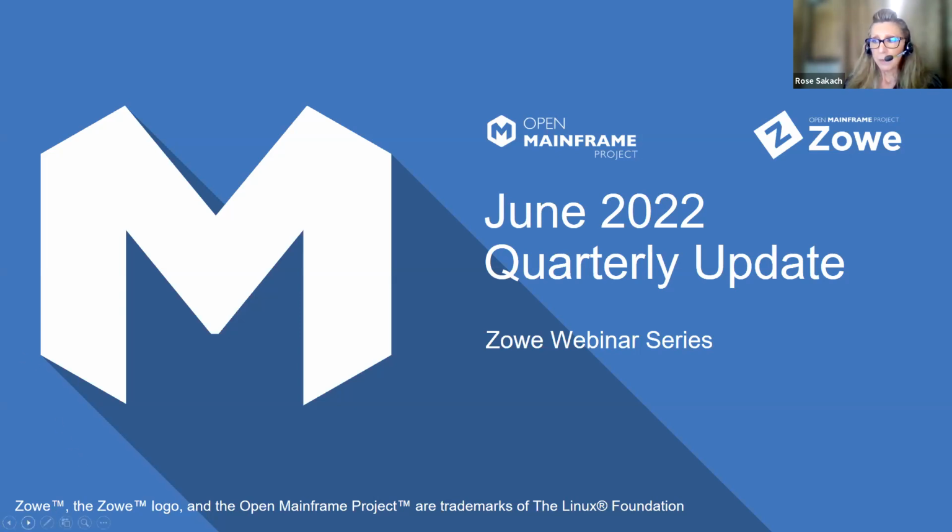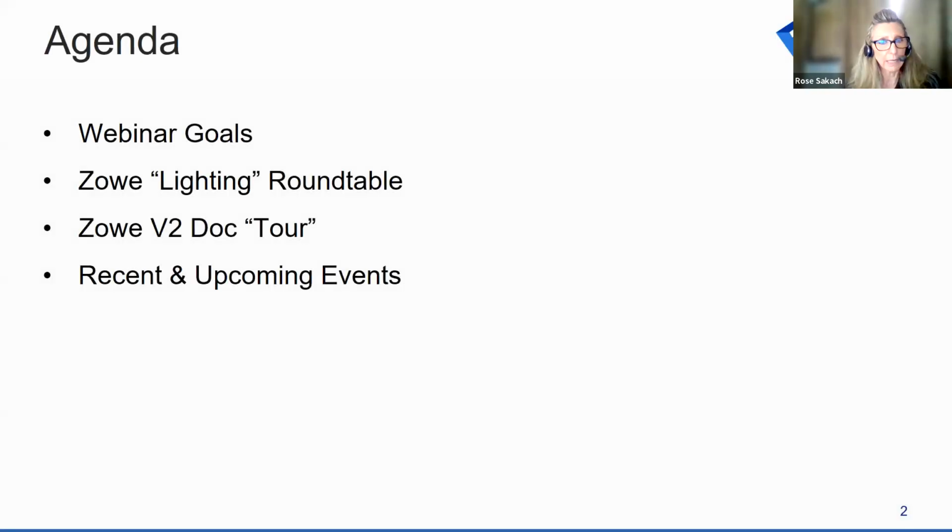All right, so here is our plan. We will briefly review the goals of this webinar. We haven't done a quarterly update in a while, so I just want to remind everybody what that is. We'll go right into what we're calling our Zoe Lightning Roundtable with our guests.